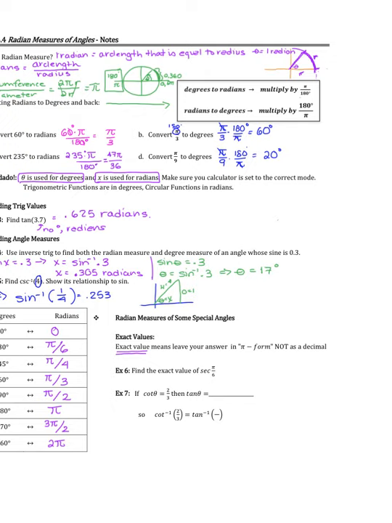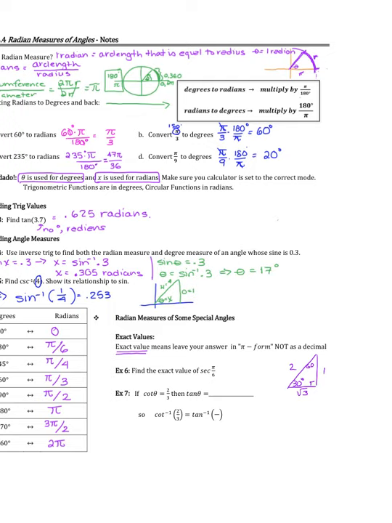So if I want to find the exact value of secant of pi over 6, pi over 6, remember, is a 30-degree angle. So in a 30-60-90 right triangle, this side is your 1, this is your 2, this side is your root 3.